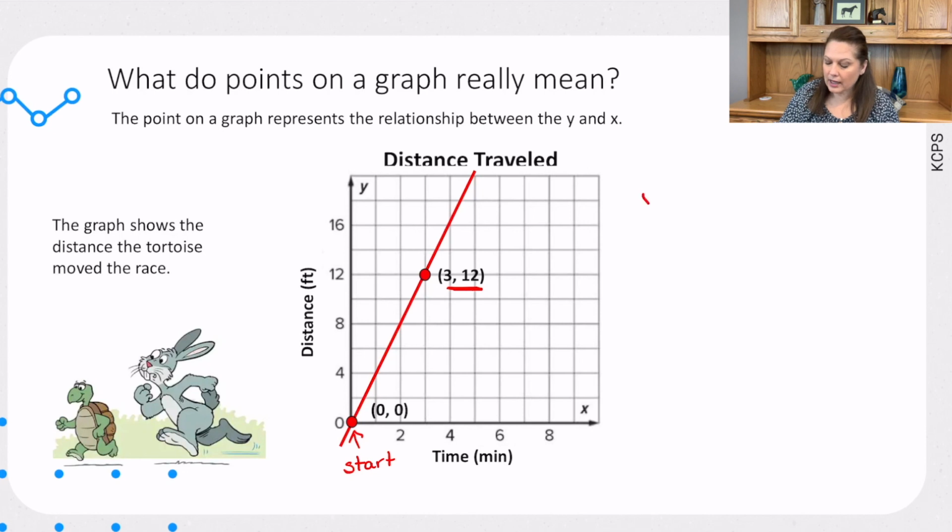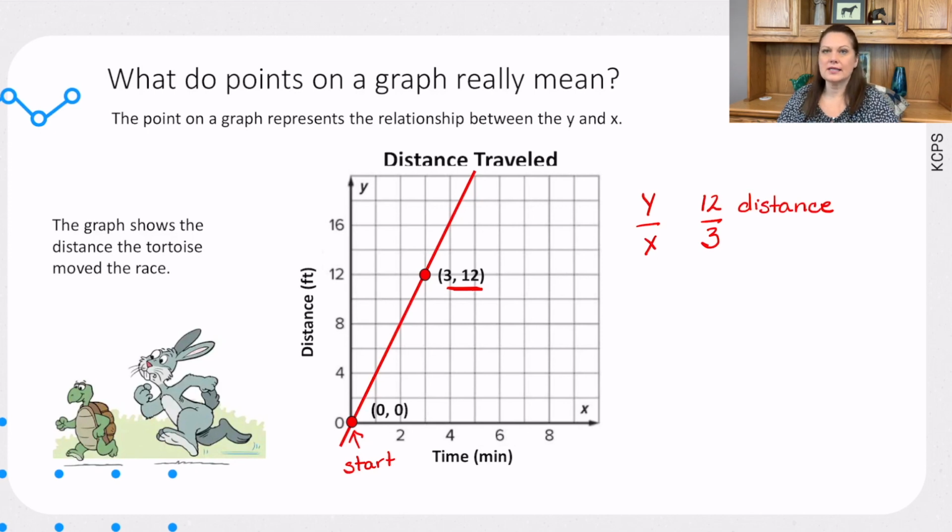So I'm going to go ahead and put it in my constant of proportionality fraction. So I'm going to say 12 on top, 3 on the bottom, or my numerator and denominator. So look on your axes to tell you what each of those mean. So the 12 is going to be my distance that the tortoise traveled, and the 3 is going to be my time.